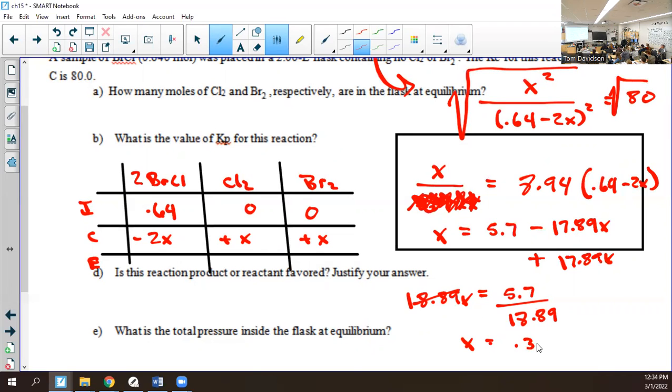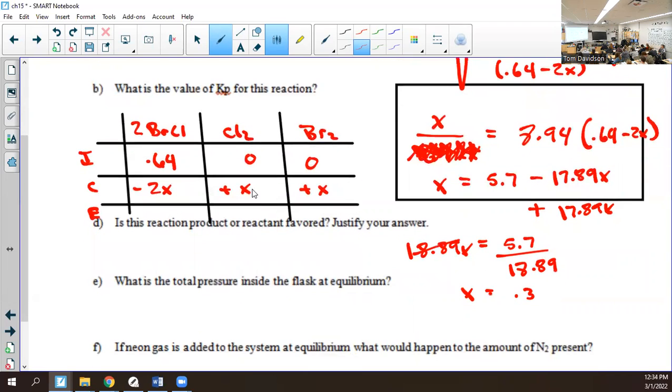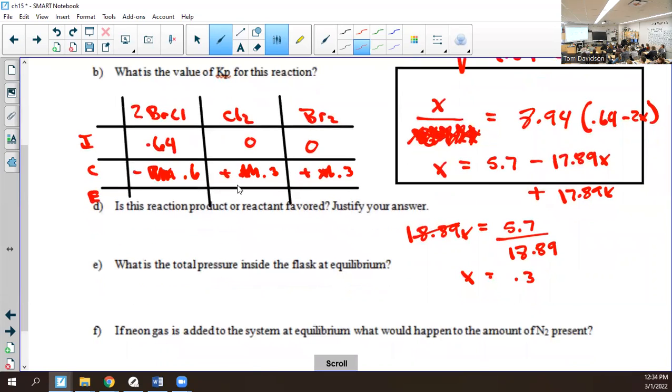0.3. So this is really 0.3. Now, I'm going to just ignore that this happened in 2 liters because I've set you astray here. But I'll talk about it after we do this so it doesn't confuse anyone.